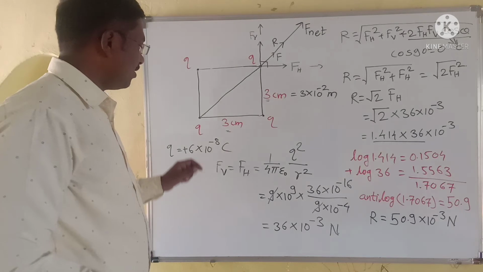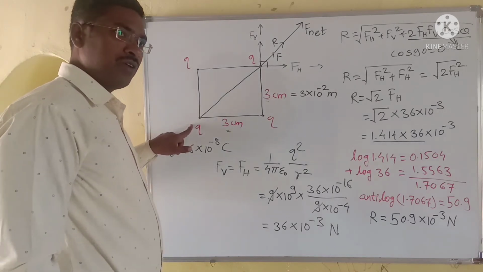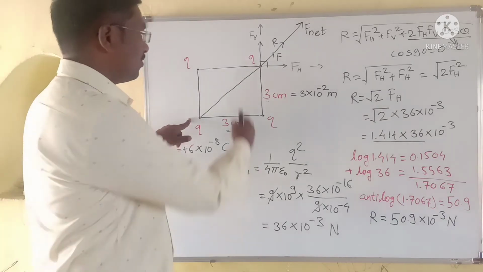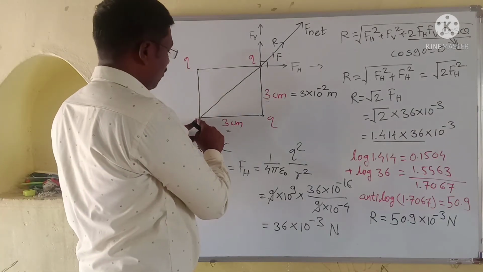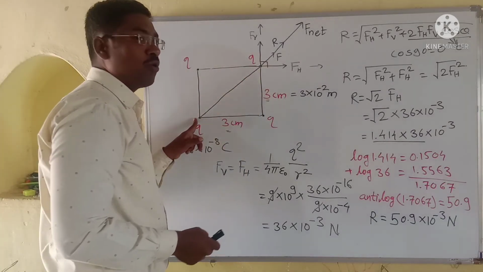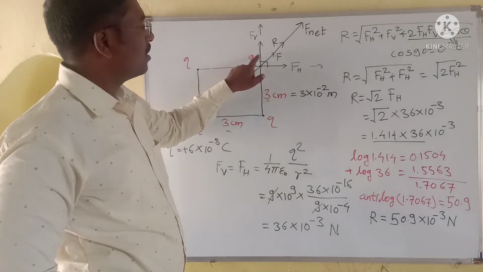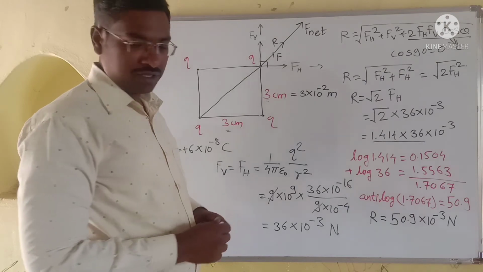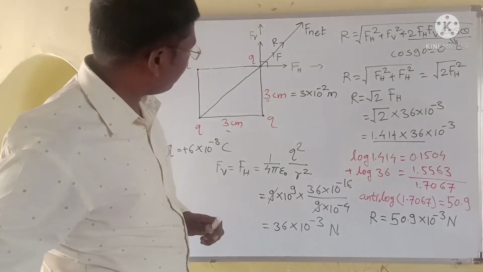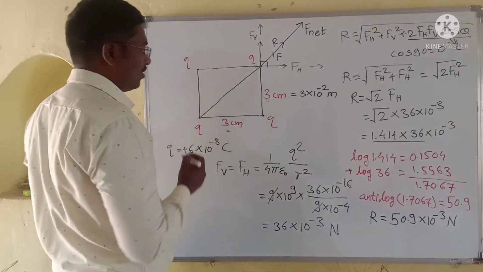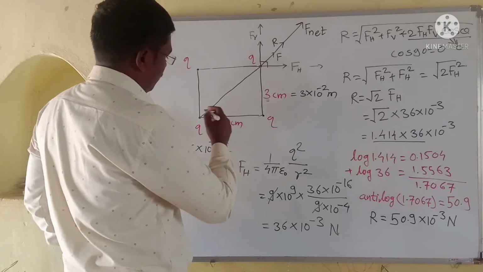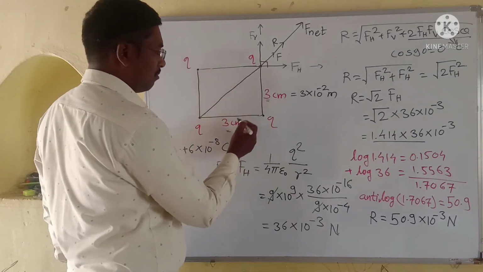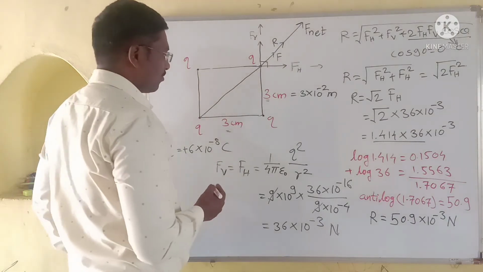Also, there is a charge Q along the diagonal, which also exerts a force on this Q charge along the diagonal. This charge is at a distance which can be calculated by using Pythagoras theorem.